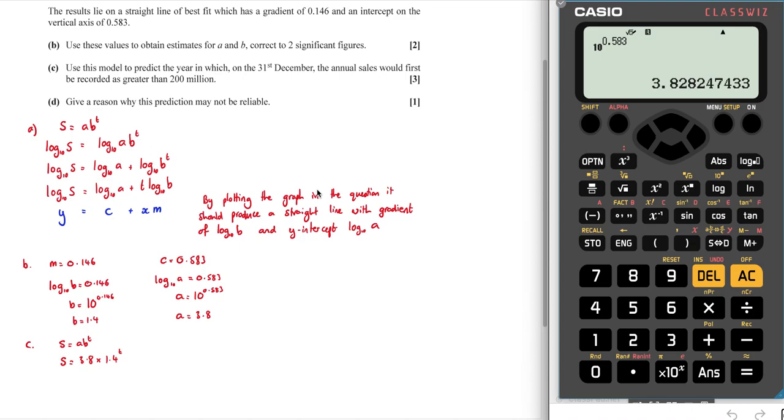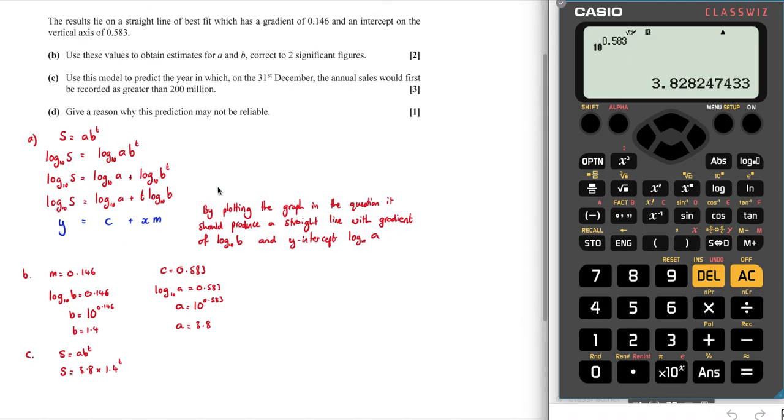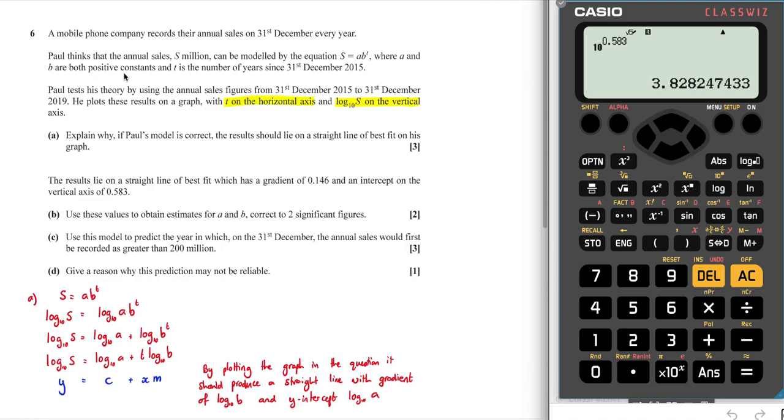And let's just double check this. So that is the number of millions in each of those. So we want to make this greater than 200 rather than 200 million, because if we go back and look at that initial piece of text, it's the annual sales S million.